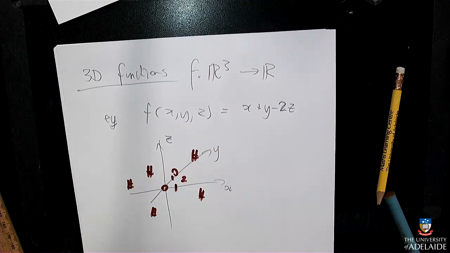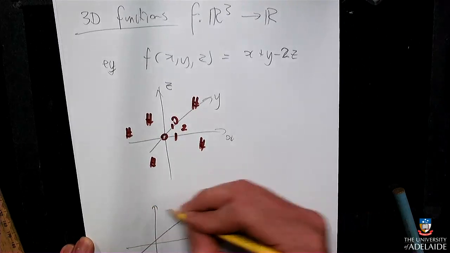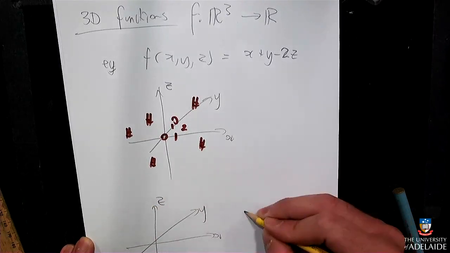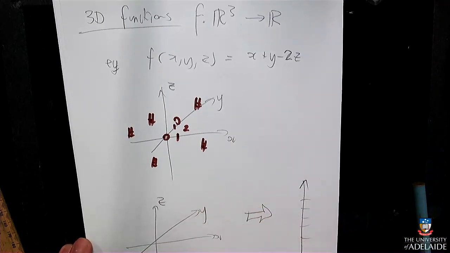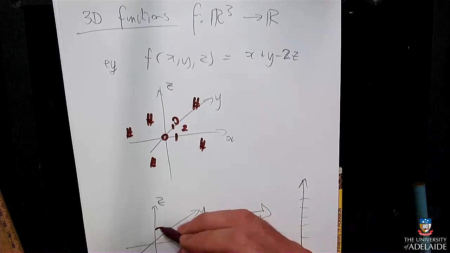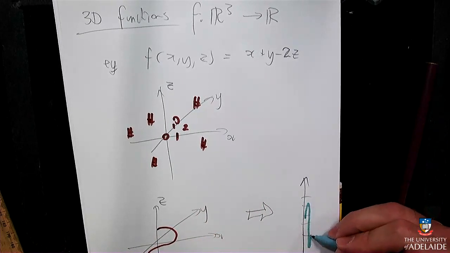And I can imagine it as my dynograph as well. So I can imagine as I move around here, then this function value will go up and down or whatever it does.